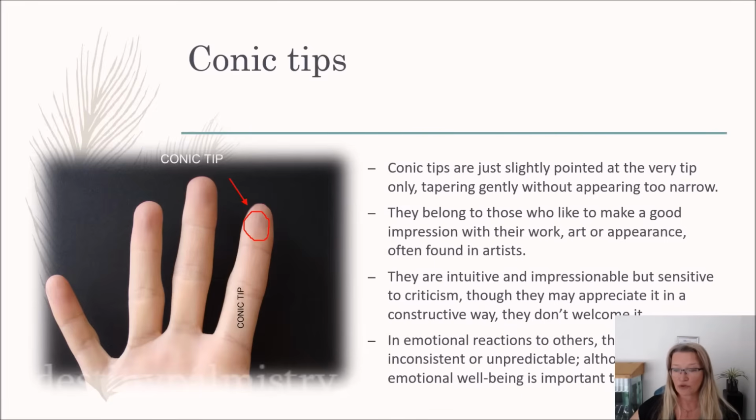So emotional reactions to others can be unpredictable. They're inconsistent and unpredictable, so you don't know how this person is going to react. And that is especially true, again, if it's conic and puffy, bulbous.